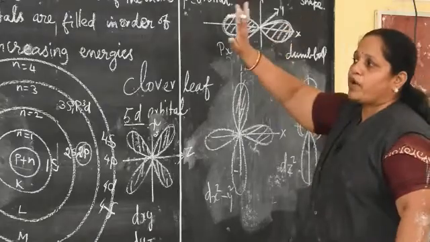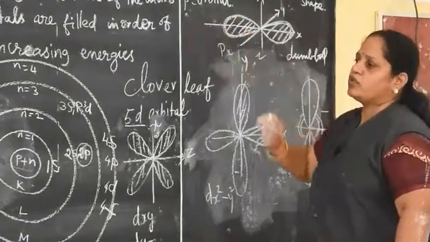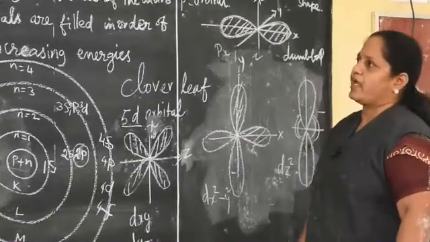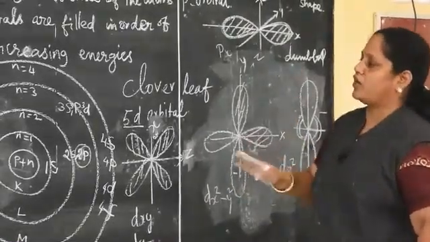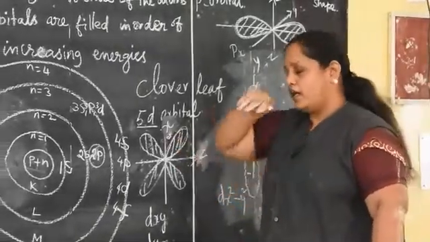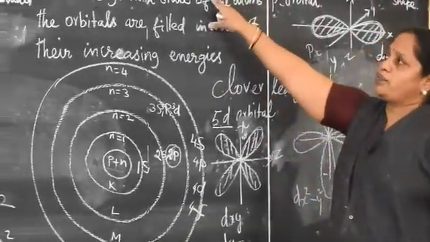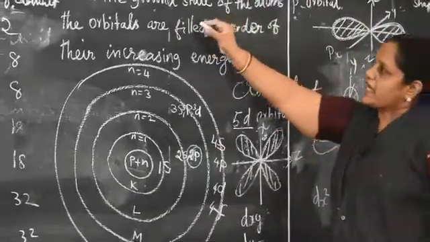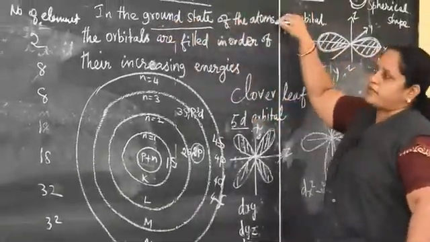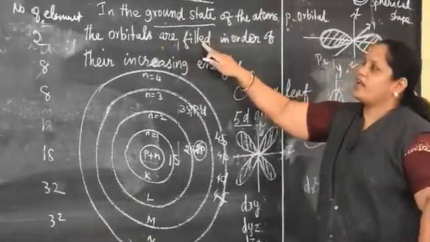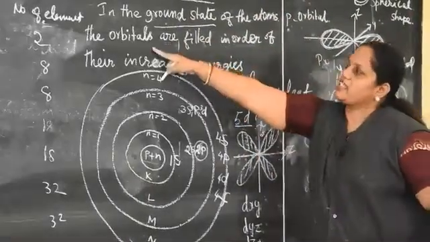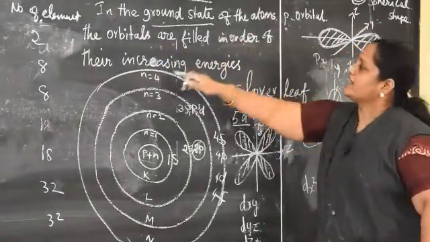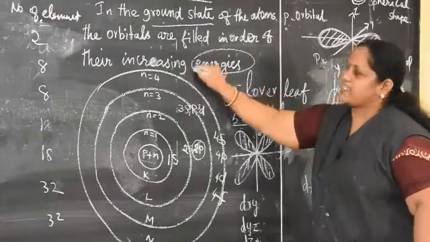This is one of the important basic concepts. You want to fill the electrons in the given orbitals of any atom. So how will you fill the electrons in a given orbital? By using what principle? The Aufbau principle. What is the Aufbau principle? In the ground state of atoms, the orbitals s, p, d, f are filled in the order of their increasing energies.